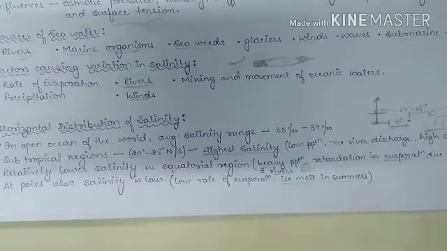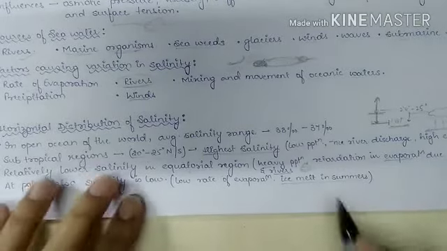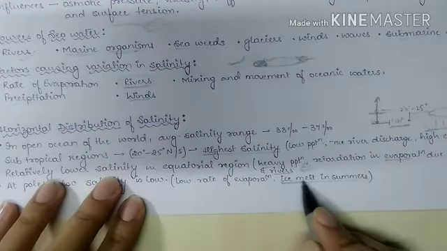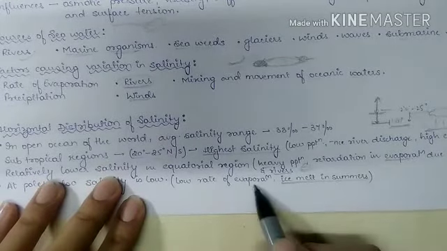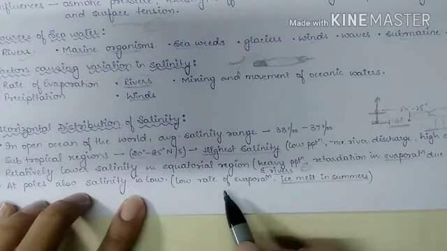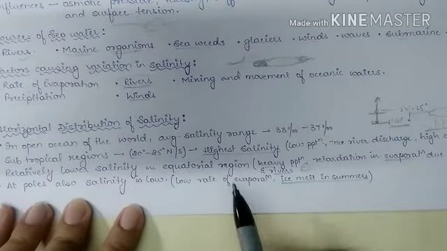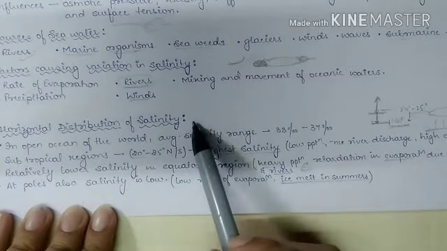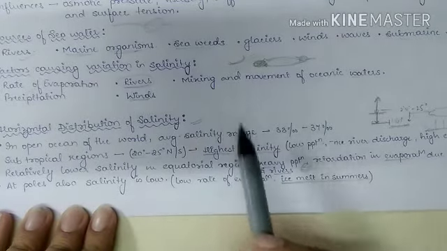The ice contains the fresh water of the earth, and when it melts, the salinity of the polar region becomes less. So we have the highest salinity in the subtropical region. This was the horizontal distribution of the open ocean.